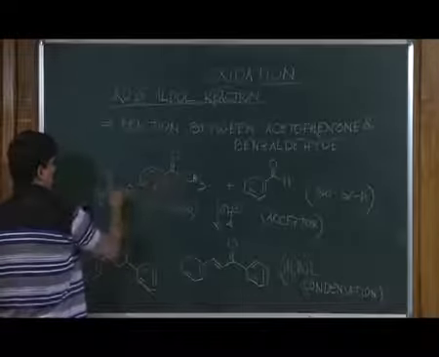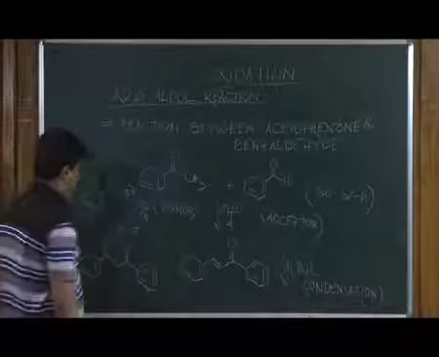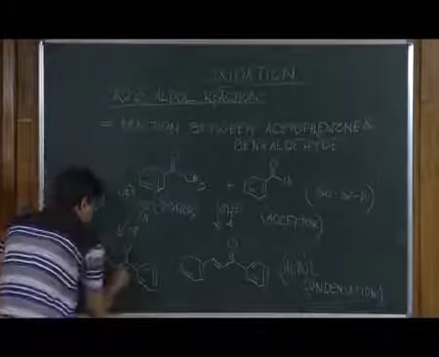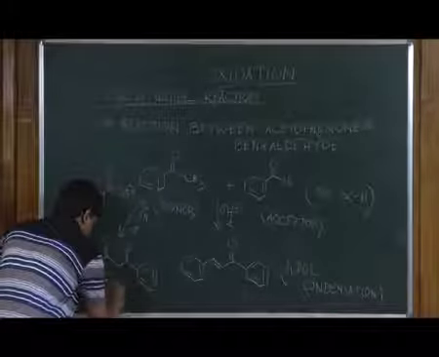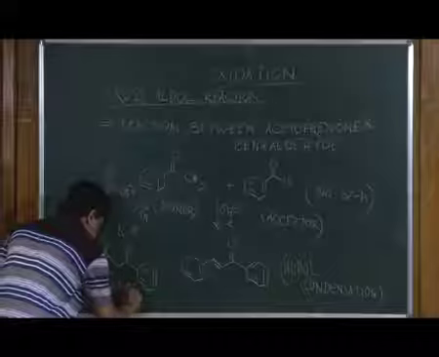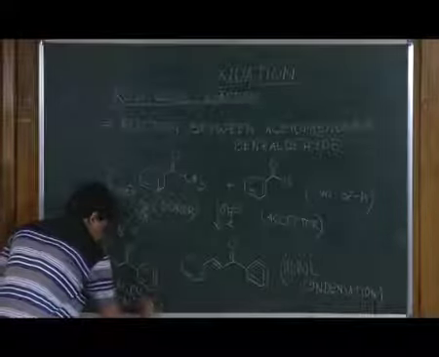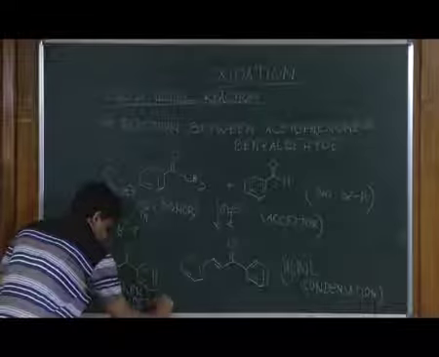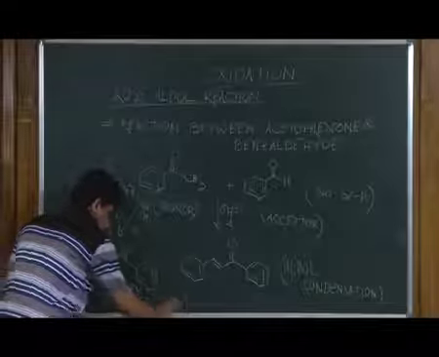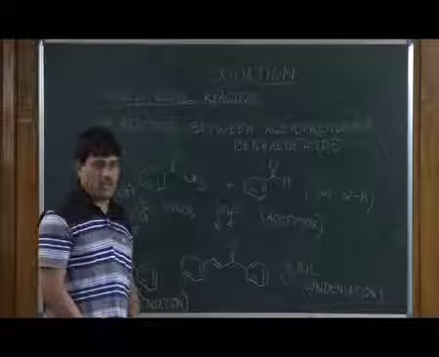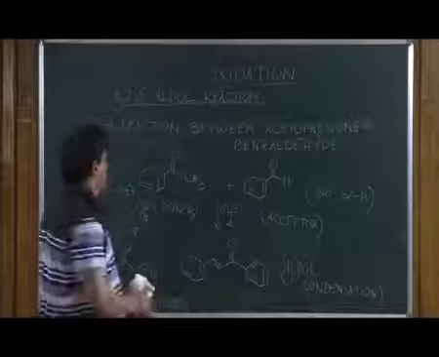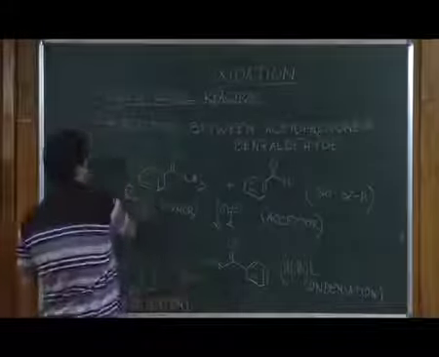The enolate reacts and ethanol is eliminated, so you get this one, and this is called Claisen condensation. So, aldol condensation is the reaction of carbonyl compounds where alpha hydrogen is present.